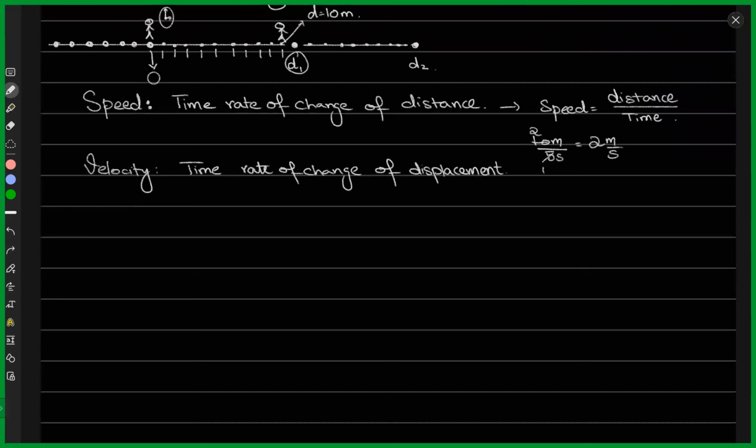So how are speed and velocity interlinked? Right, so I'll write. They're linked in this way: speed is just the magnitude of velocity. I'll explain what I mean.